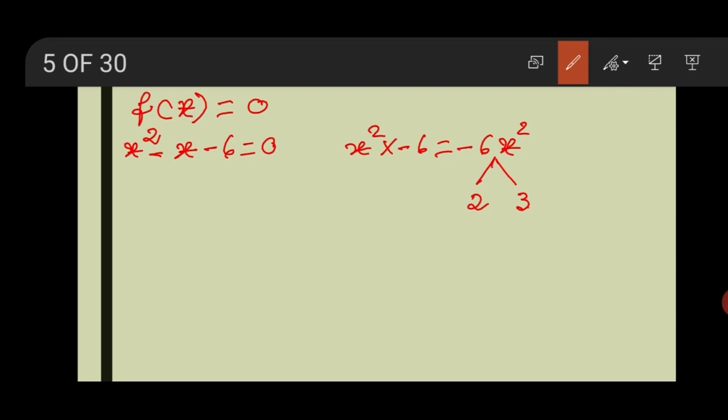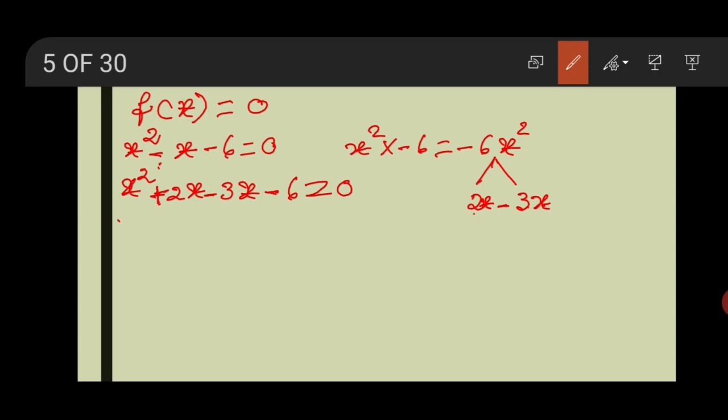Therefore these numbers holds good, but negative sign implies what? Either 2 or 3 must have negative sign, and because the middle number has a negative sign, put negative sign to larger number. Therefore we can write x square as it is and split minus x into plus 2x minus 3x. Keep last term minus 6 as it is.